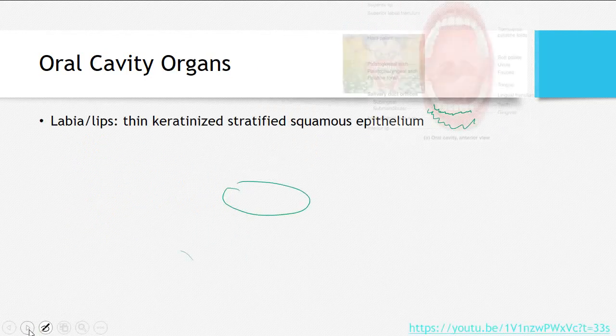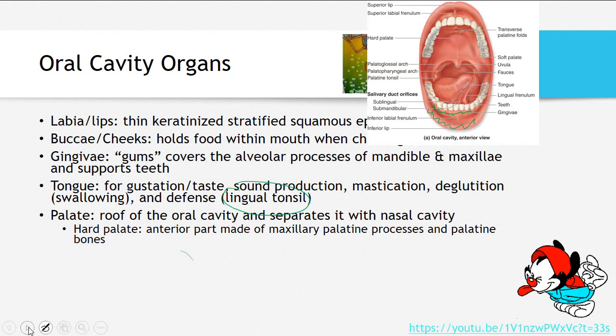The palate is the roof of the oral cavity, and it separates the nasal cavity and the oral cavity. Like we said earlier, there's a hard palate, which is made of the palatine process of the maxillary bone and the horizontal plate of the palatine bone.